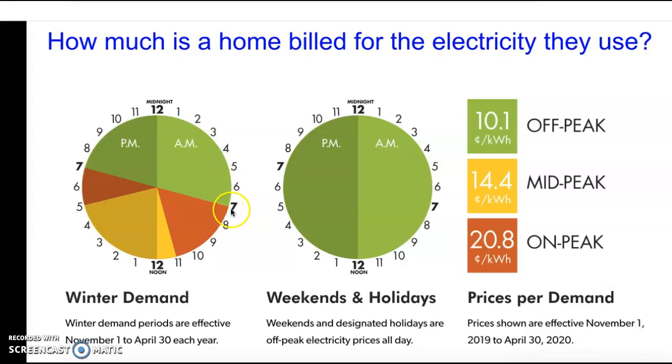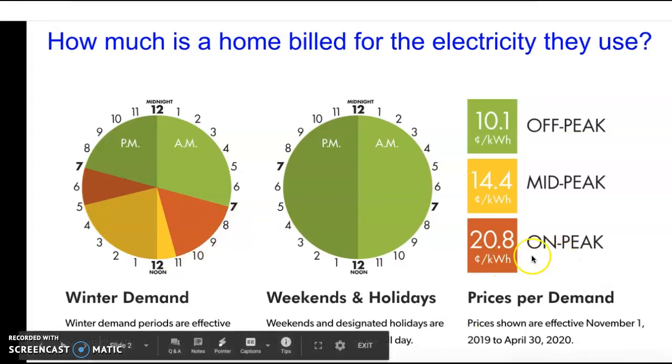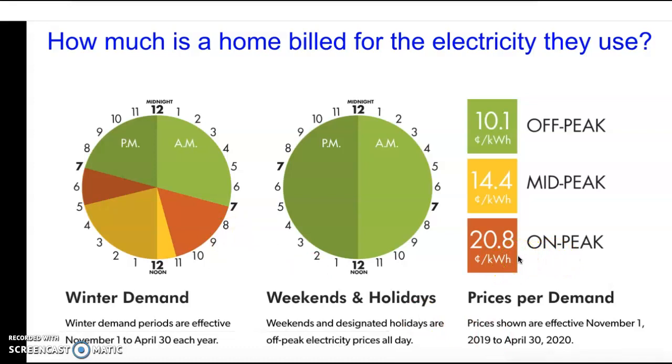However, when you get to 7 a.m., so 7 to 8 to 9 to 10 to 11 a.m., that time is labeled red. That's the on-peak rate. So if you use electricity during those times, you're going to have to pay the highest rate of 20.8 cents per kilowatt hour. And that's because everybody is using electricity during that time. That's when people are waking up, getting ready for work or school, going to work and school.